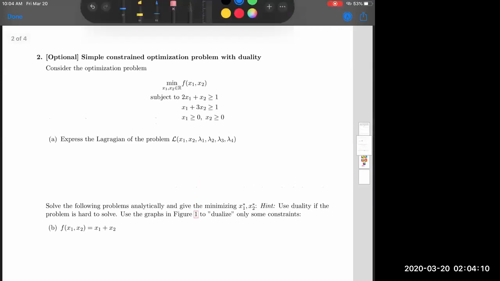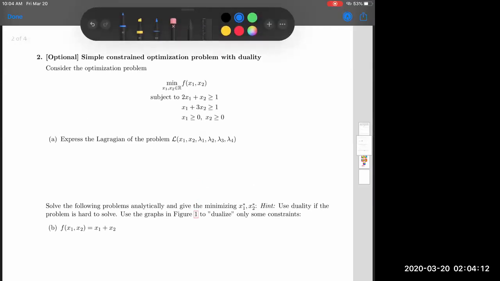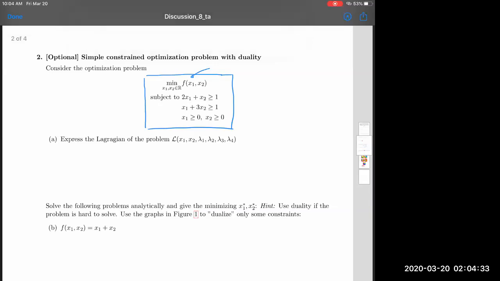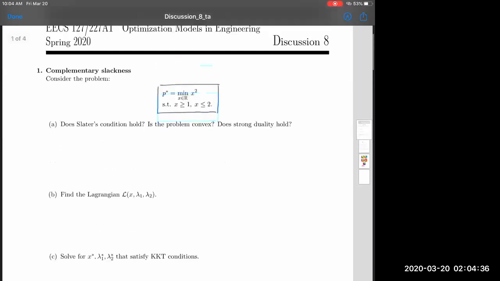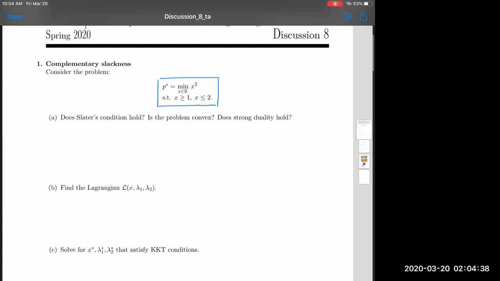The second one uses a program that we have solved using drawings, which might be a little bit harder, where you plug in different objective functions. This should give you some tools, or ways to use KKT conditions, to find solutions of optimization problems. So let's go over the first problem.